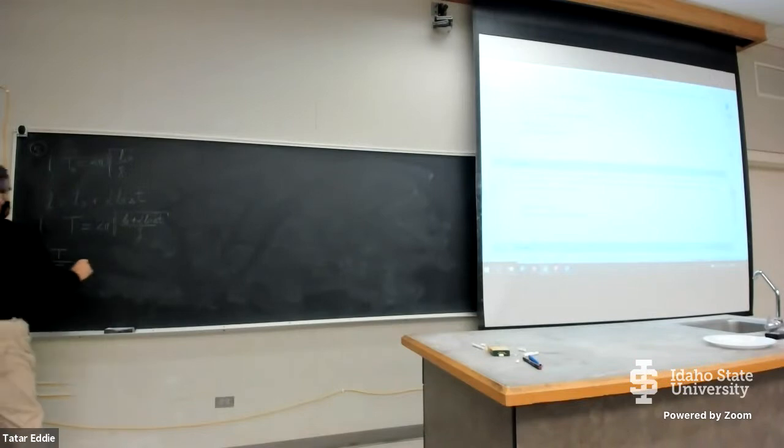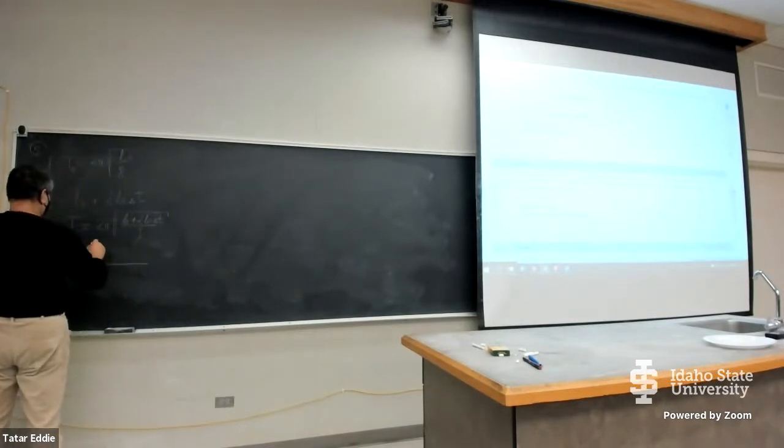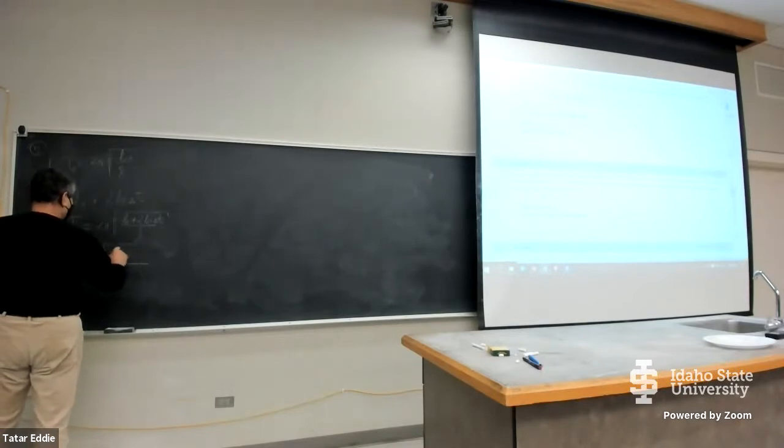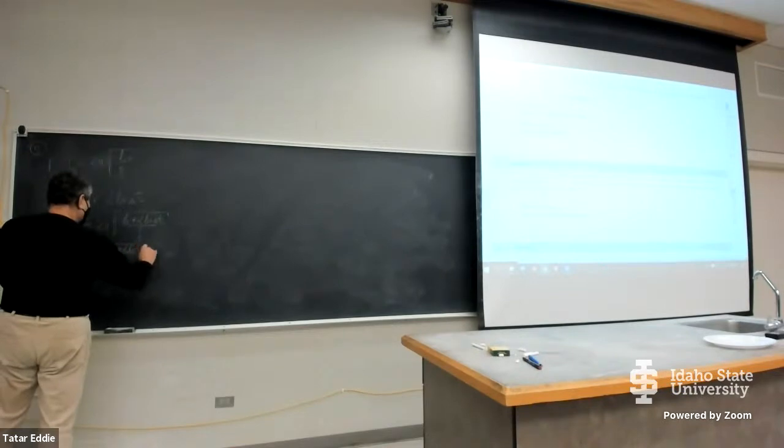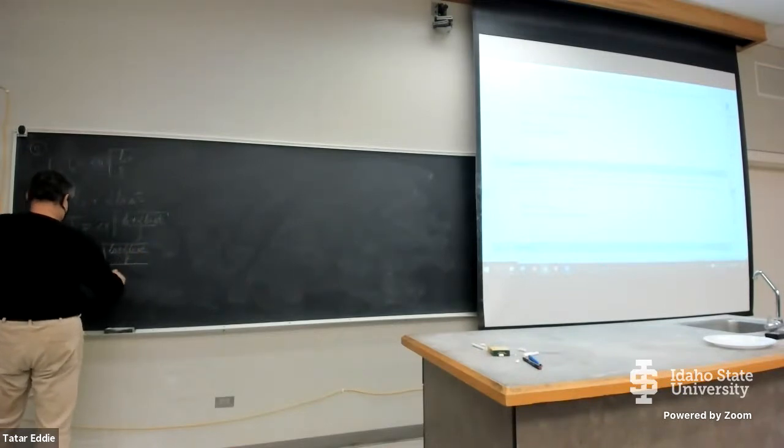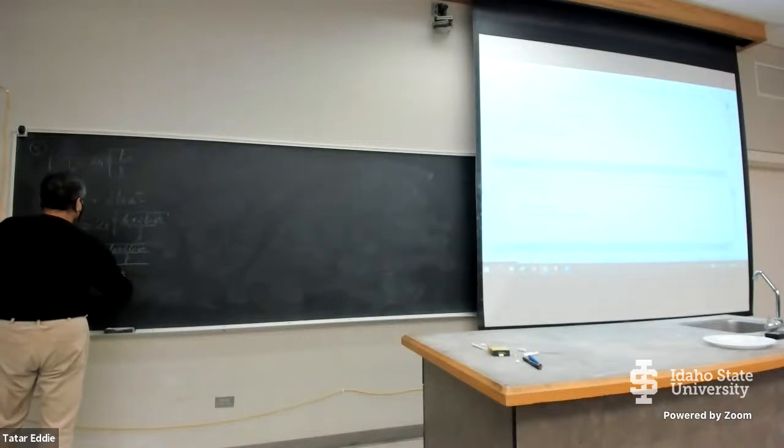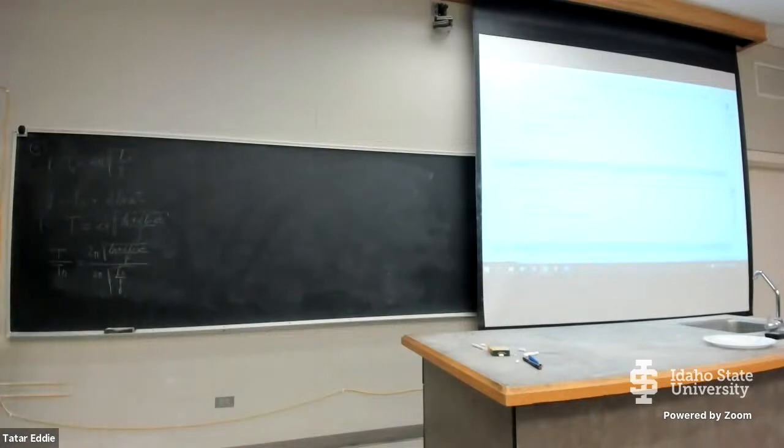On the other side, you're going to have 2 pi square root of L naught plus alpha L naught delta T divided by G, and all of this divided by 2 pi square root of L naught divided by G.